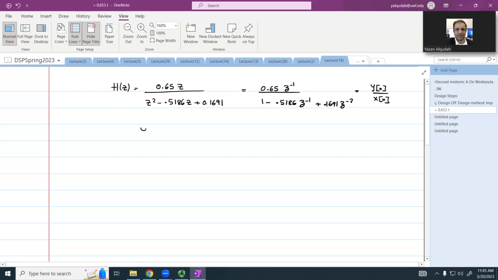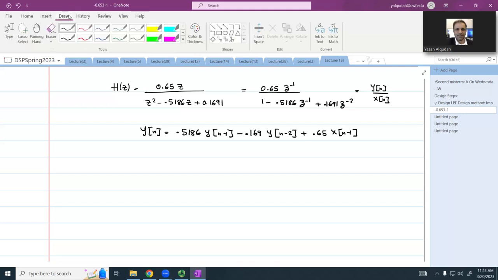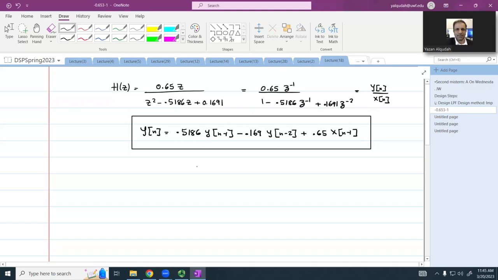What is the equation that will implement this filter? Y of n equals 0.5186 y of n minus 1 minus 0.169 y of n minus 2 plus 0.65 multiplied by x of n minus 1. And this is my Butterworth digital filter.